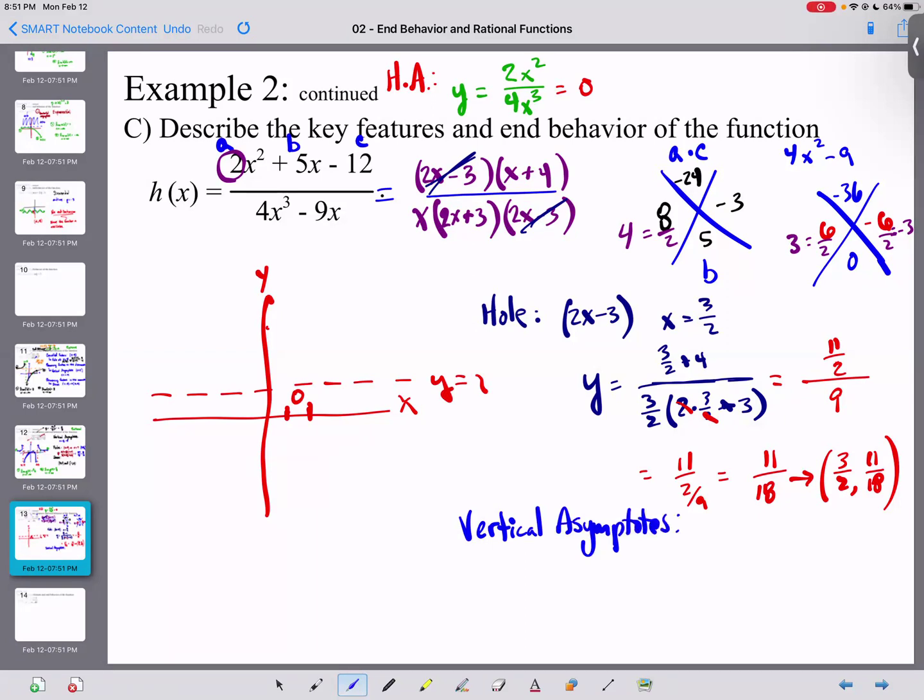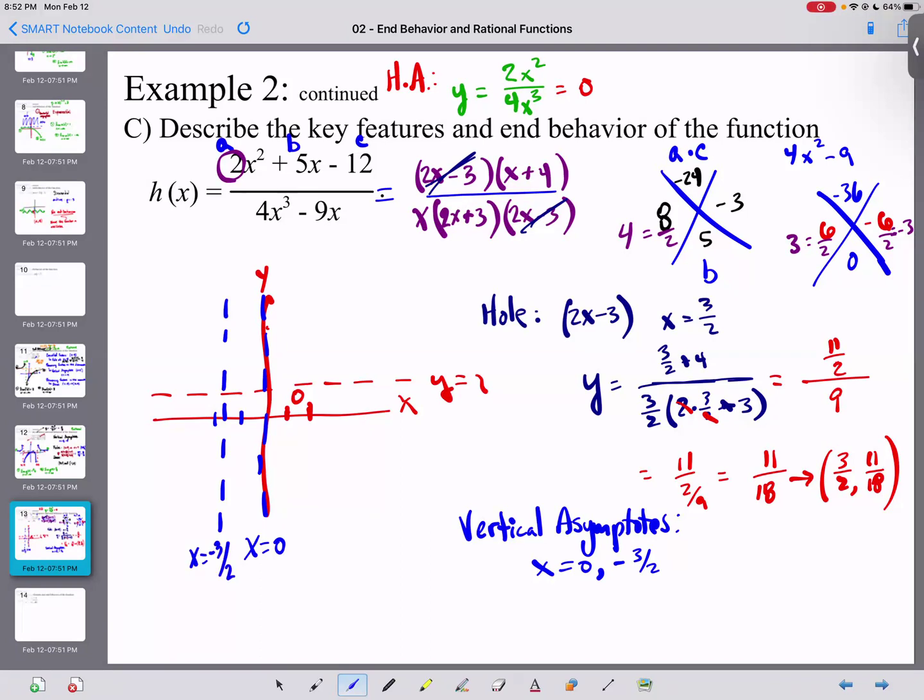I have a vertical asymptote at x equals 0 and another one at negative 3 over 2. So x equals 0, I have a vertical asymptote, and negative 3 over 2, which if that's negative 1, that's negative 2, it's going to go right in between there. That's x equals negative 3 over 2.